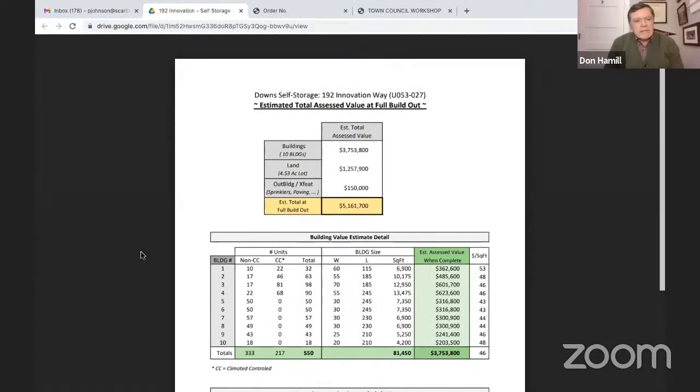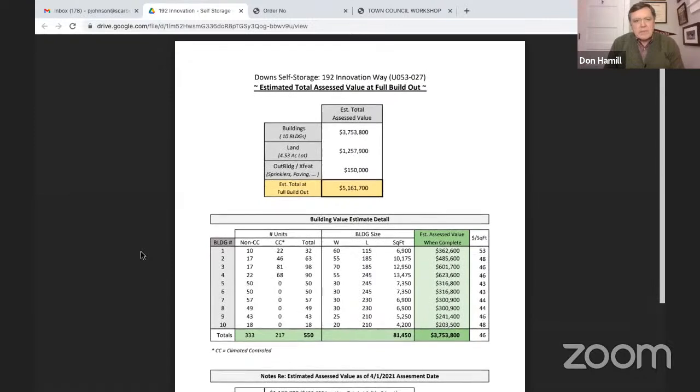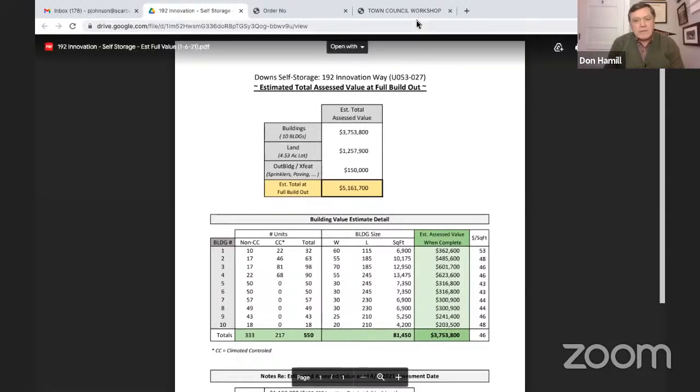It's not only the captured value, but there's also an element of character that is important here. I believe in this particular part of the Downs, this innovation district, we need to give some consideration to that. It's hard to quantify in dollars and cents, but I think that's also missing here.